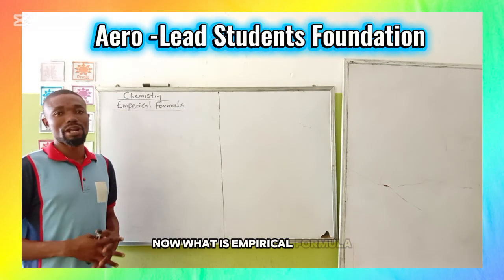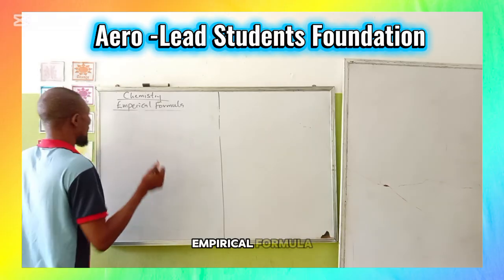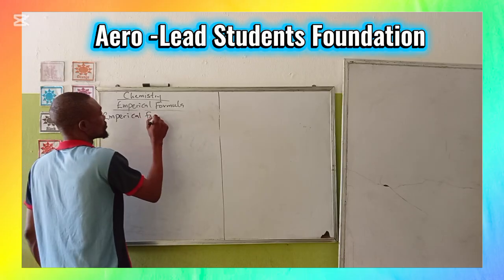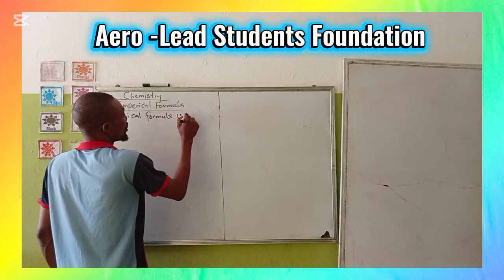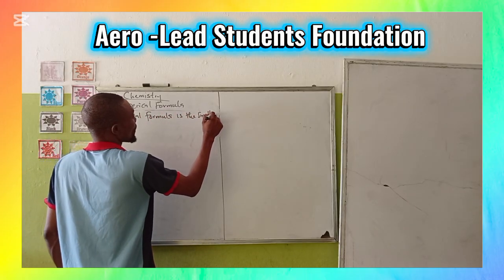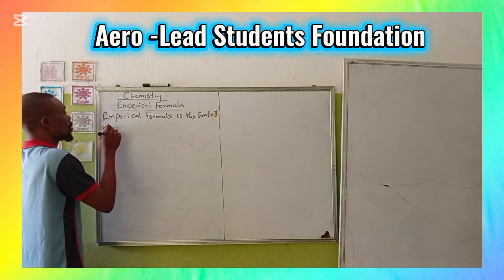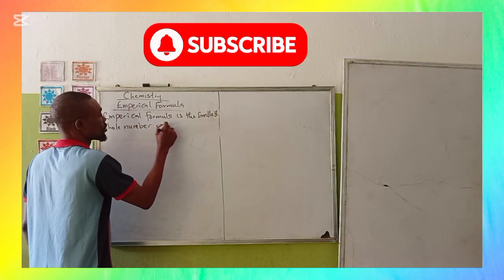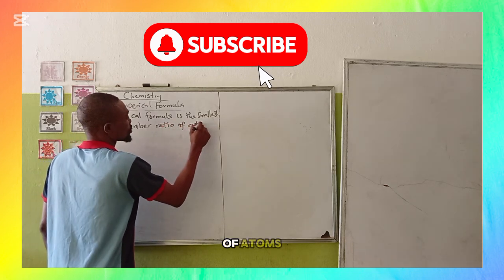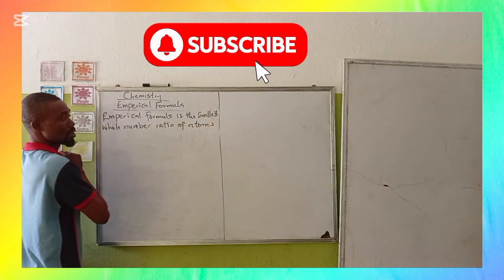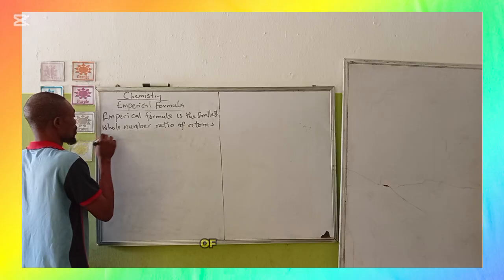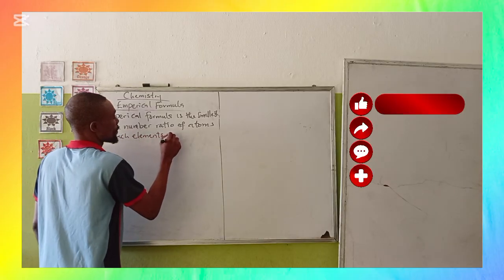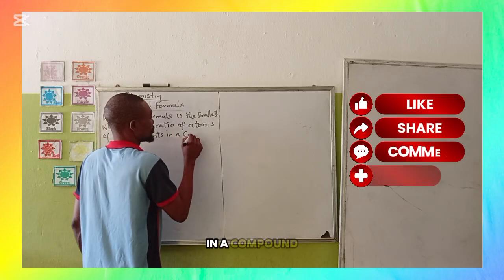Now what is empirical formula? Empirical formula is the smallest whole number ratio of atoms of each element in a compound.